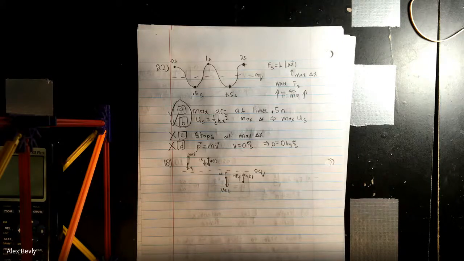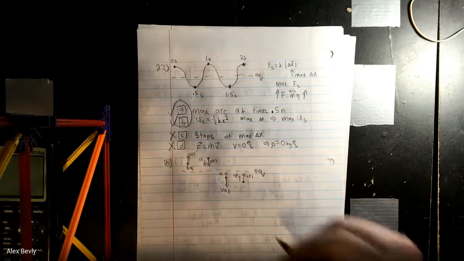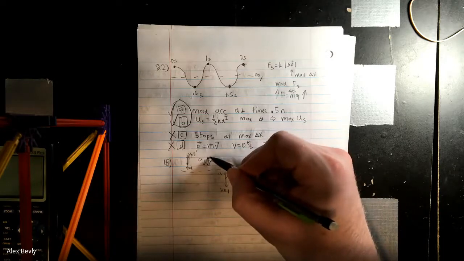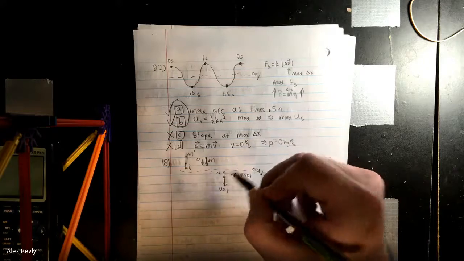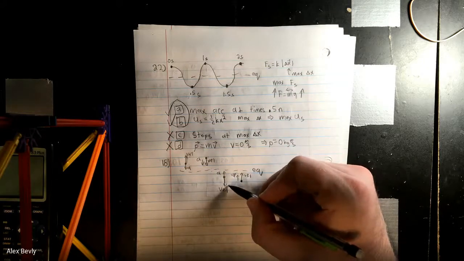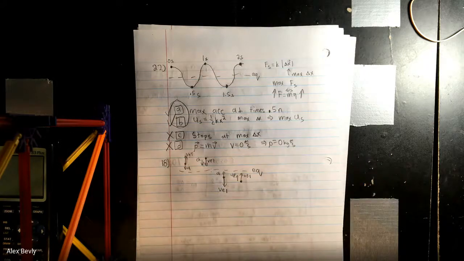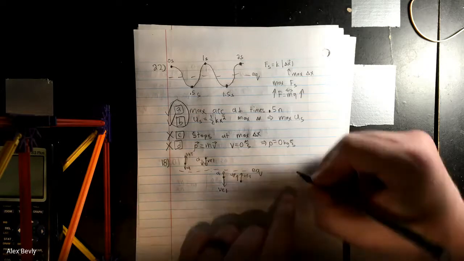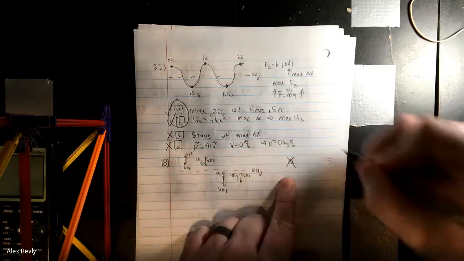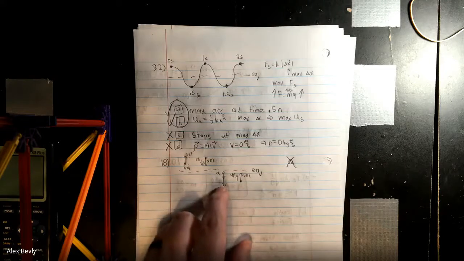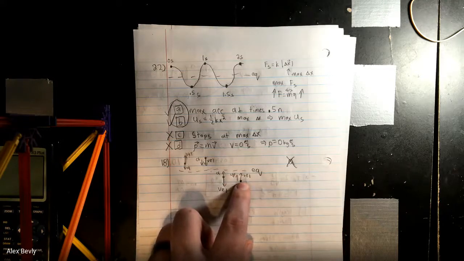Here the block's displacement is up and it's moving up. Here the displacement is up and it's moving down. Here the displacement is down and we're moving down. Here the displacement is down and we're moving up. So A isn't quite right, because it's saying that the velocity is in the opposite direction to displacement. A is not right, because we could have a negative displacement and a negative or positive velocity.